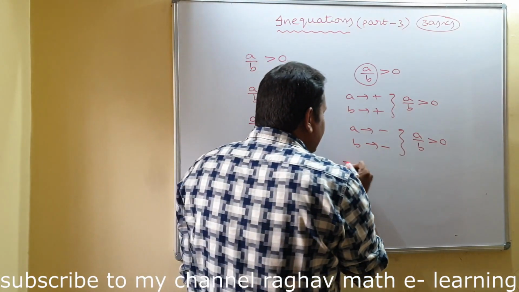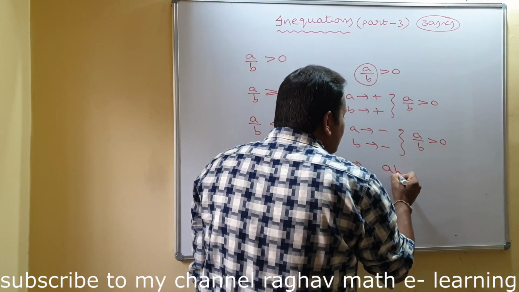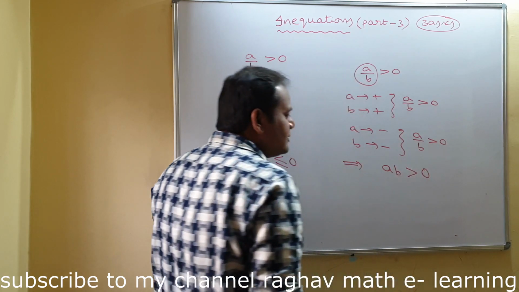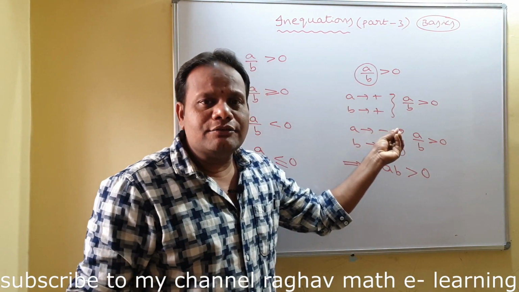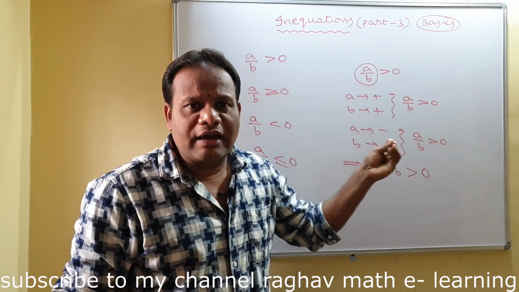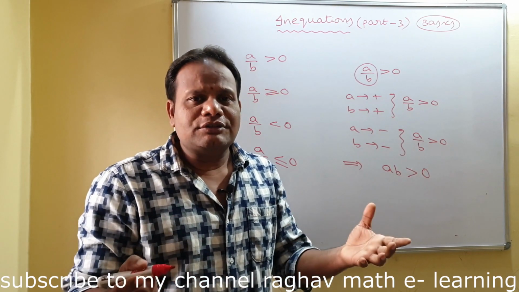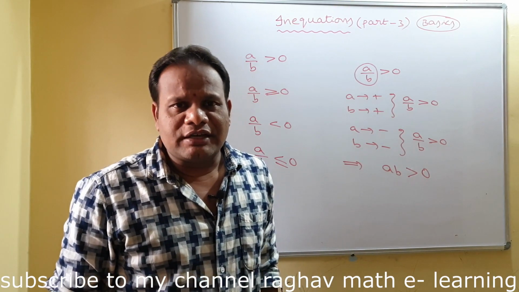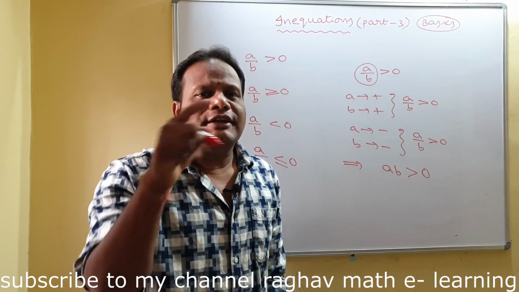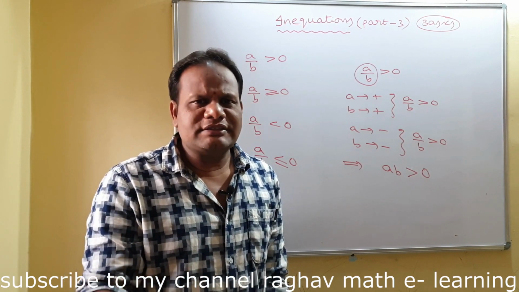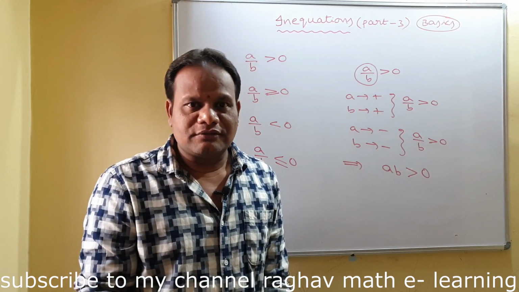So we can take it as a into b positive. Why? Because both a and b have the same sign. Suppose a and b have positive sign, then a into b is positive, positive into positive is positive, right?